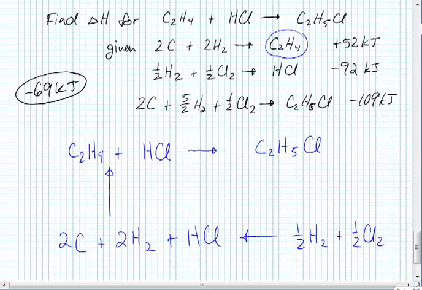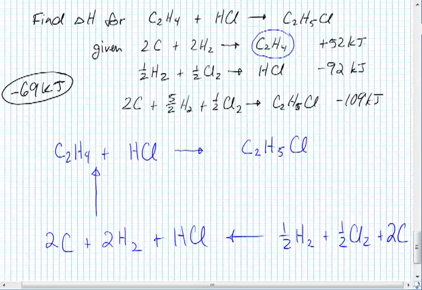But I'm missing some extra carbon and some extra hydrogens, because I need to have 2 carbons. I need to have 2 H2s remaining. So I need 2.5 in total, not just 1/2, but 2.5. So I make this into a 5.